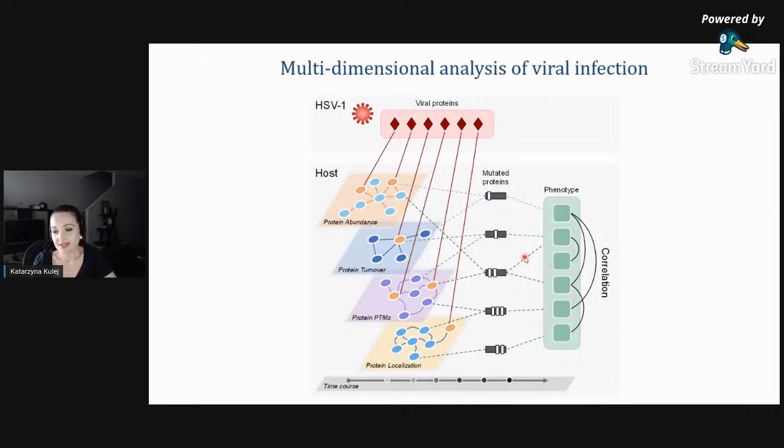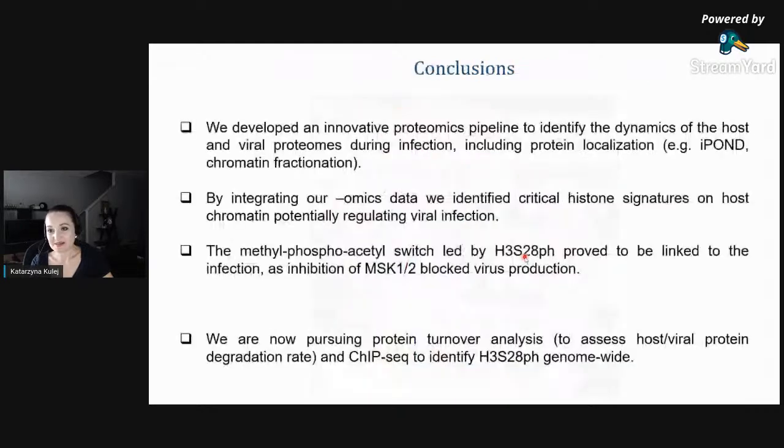So I know it looks very time consuming, but unfortunately, that's the best way to characterize certain pathways through the infection. Just to summarize and not keep you longer, what we managed is to develop a certain proteomics pipeline to exactly identify the dynamics of the host and viral proteins.